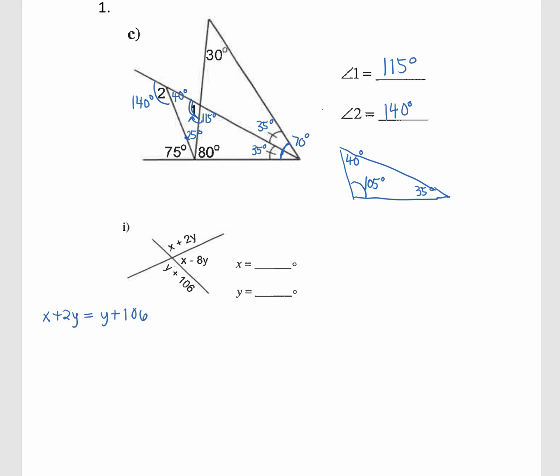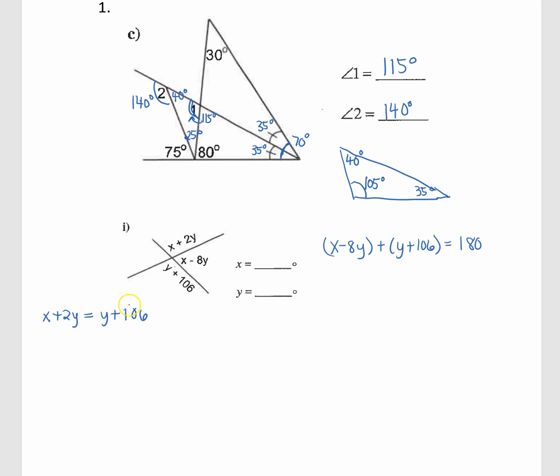Okay, and another equation we can come up with is that x minus 8y, this angle here, plus y plus 106, this angle here, have to add up to 180 degrees. So what we have here is two equations and two unknowns. So we can solve this for x and y now.